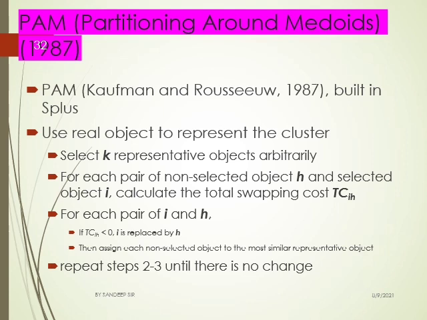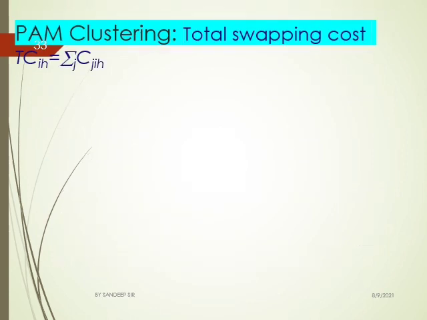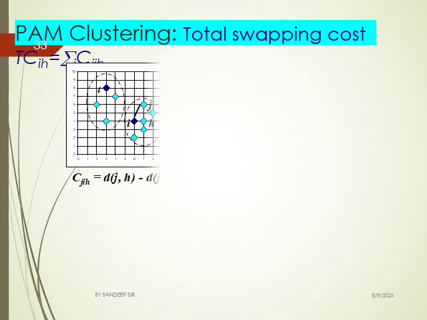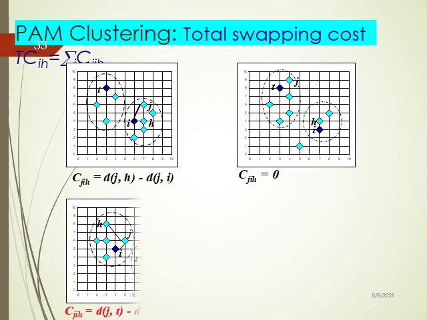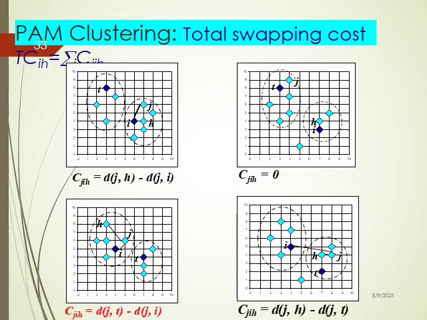But if it is decreasing, you have to continue. We repeat the steps until there is no change. When you find that the swapping cost remains the same even after one iteration, that is the point of stoppage, and that cluster is considered the final cluster. So this is how you do that particular method.